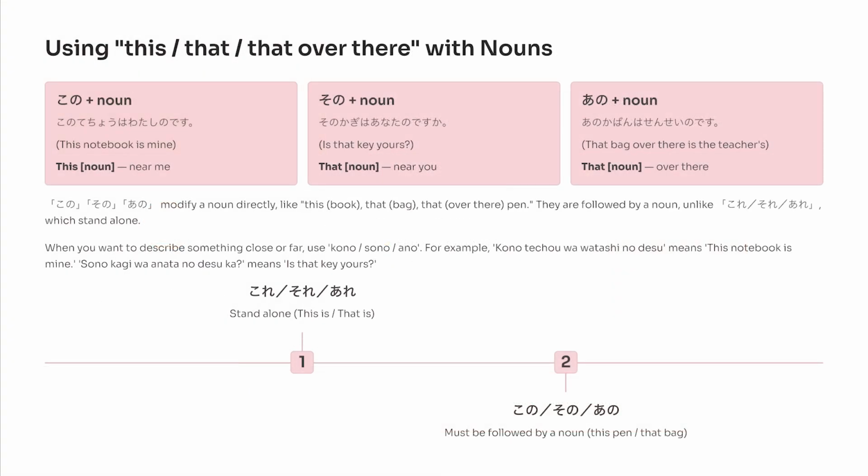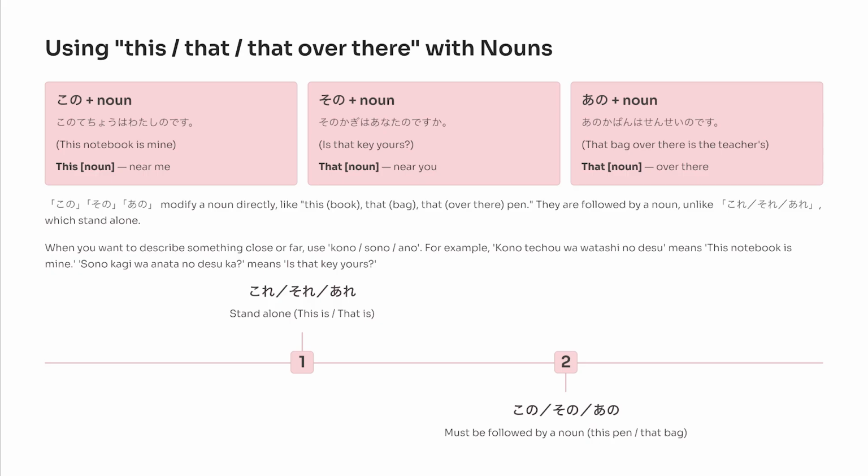Now, let's take a look at how to say this, that, and that over there in Japanese when they are used with nouns. We use この for this, something near me, その for that, something near you, and あの for that over there, something far from both of us. For example, この手帳は私のです. This notebook is mine. その鍵はあなたのですか?